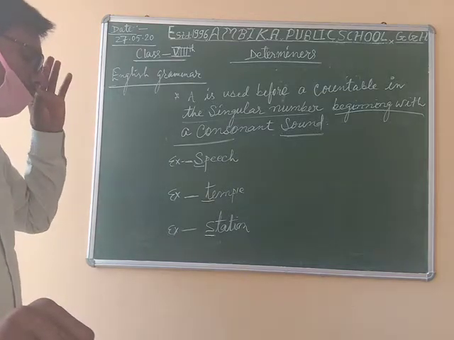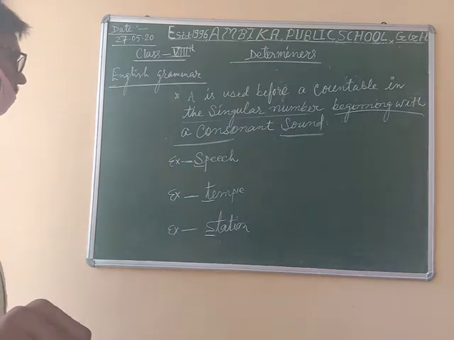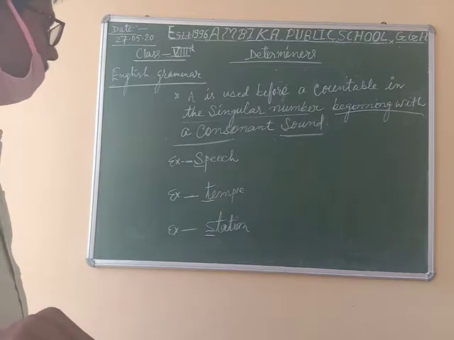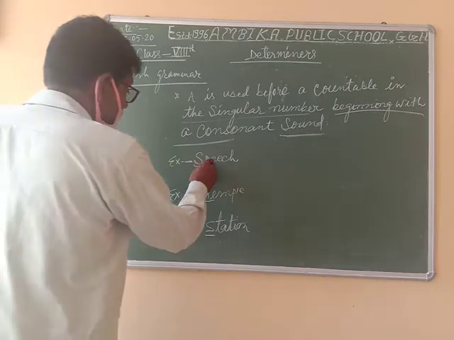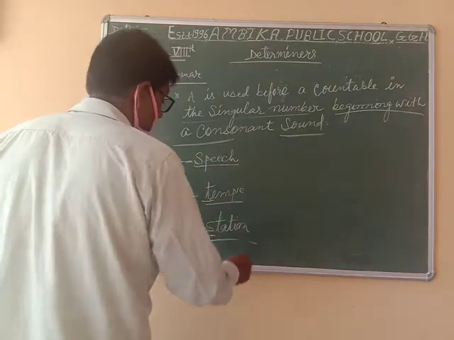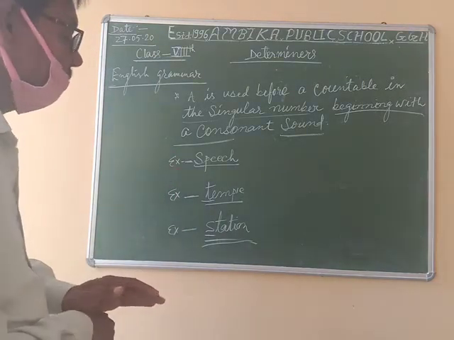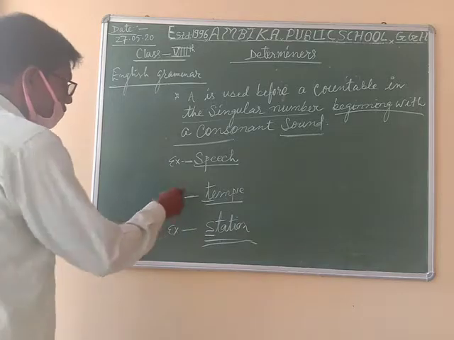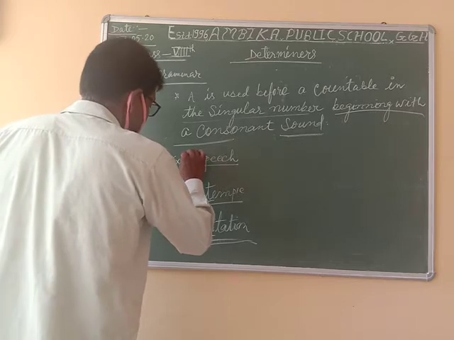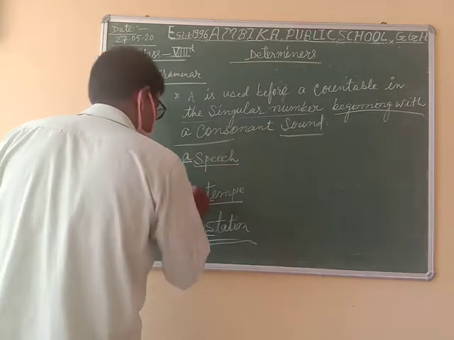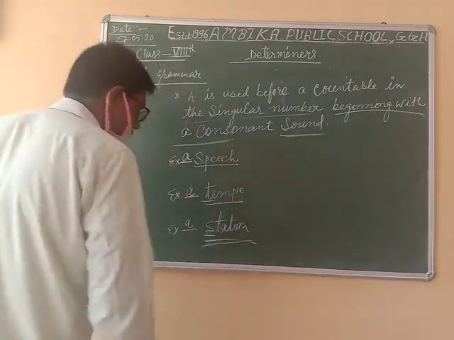According to the rules of articles, we have to apply A before these words. These are nouns. So what will be the correct answer? A speech, a temple, a station.